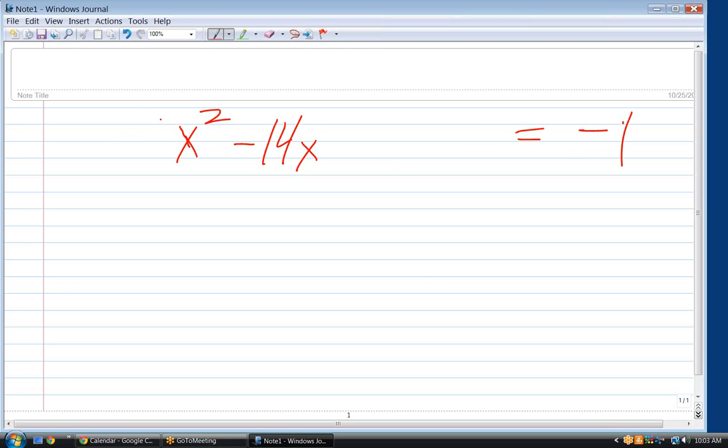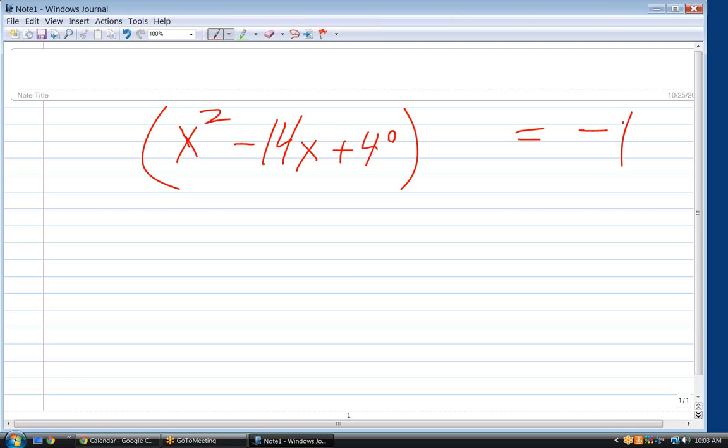So how do we complete the square? Don't you divide 14 by 2 and then square it, and then add it or subtract it? Add it, because after you square it, it's positive.